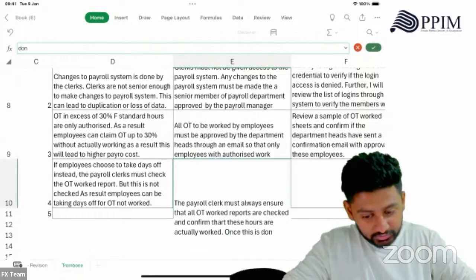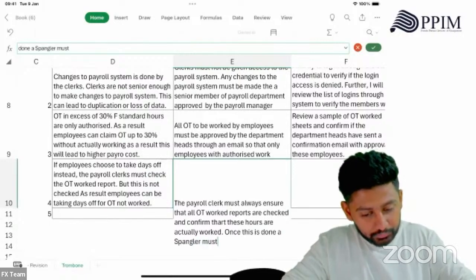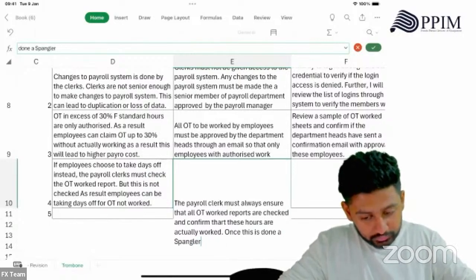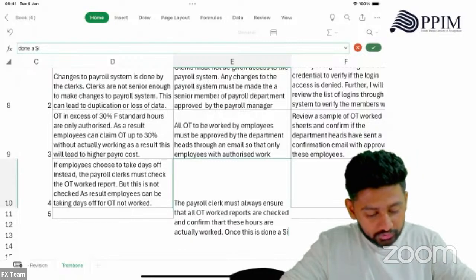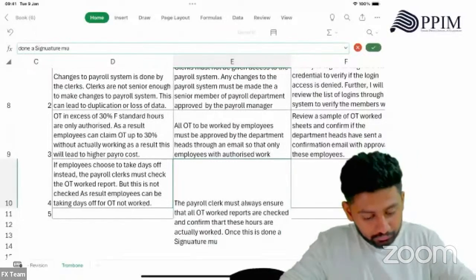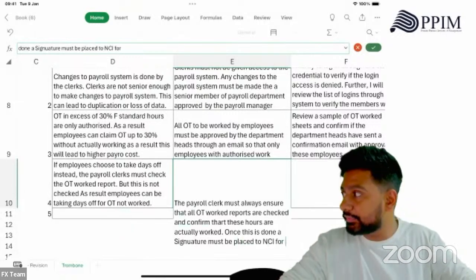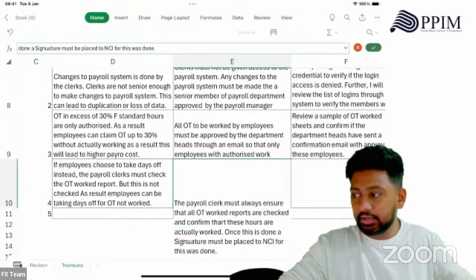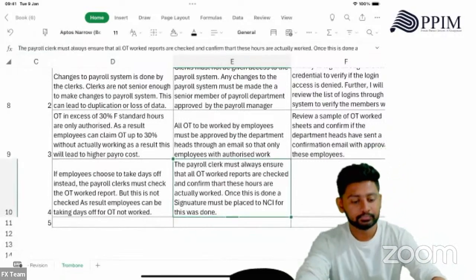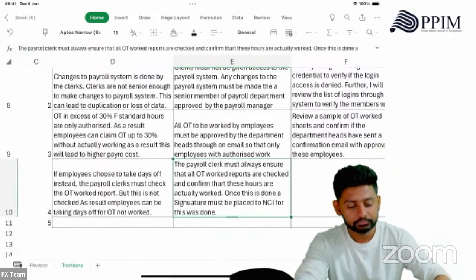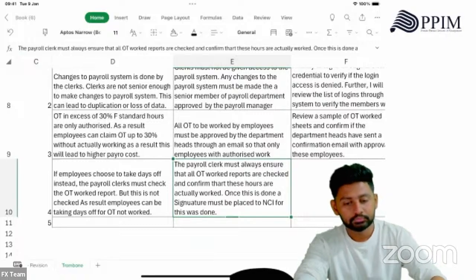Once this is done, a signature must be placed, or email or whatever, to confirm this was undertaken. Are you clear?